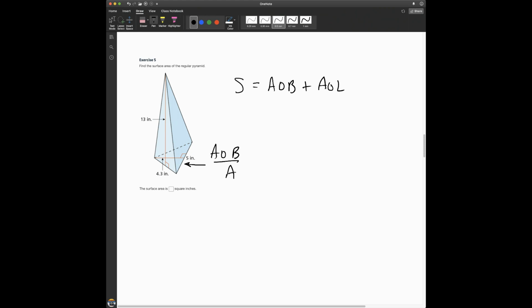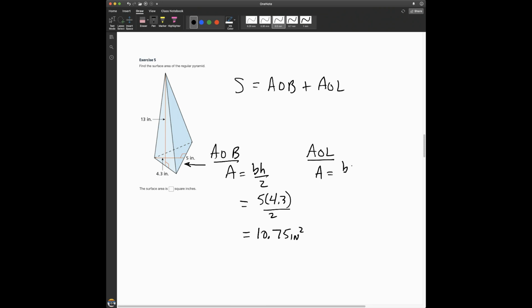So the area of the base is the base times the height divided by 2. So I need to take 5, multiply it by 4.3, and divide that by 2. Let's see what we get. 5 times 4.3 divided by 2 is 10.75 inches squared.